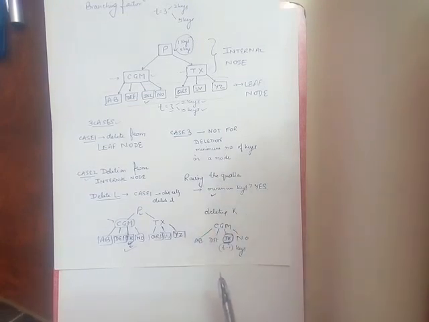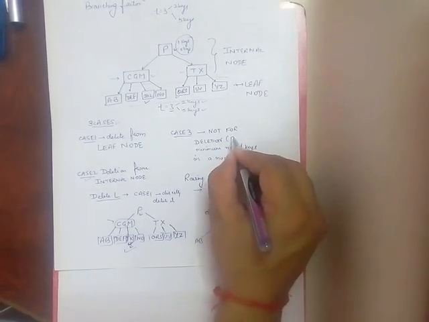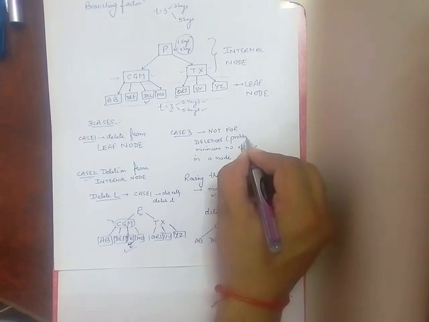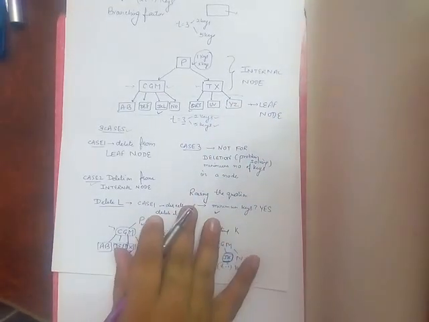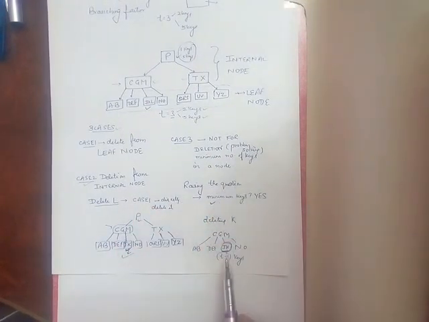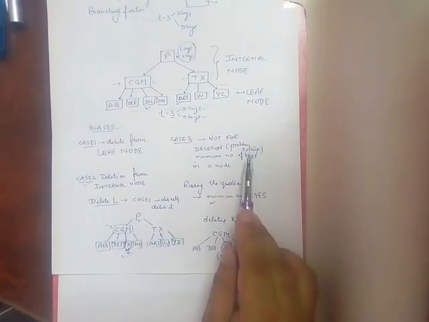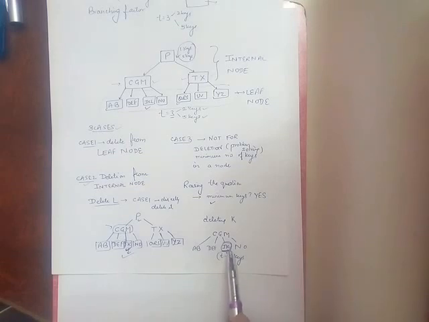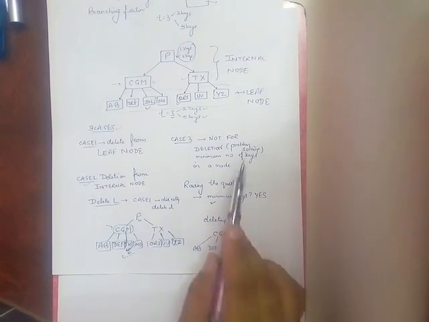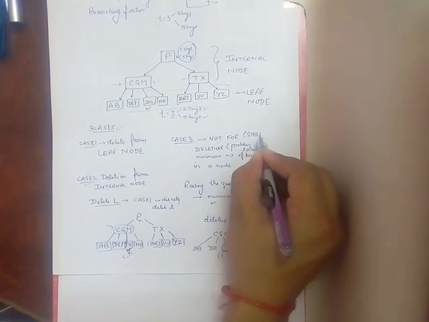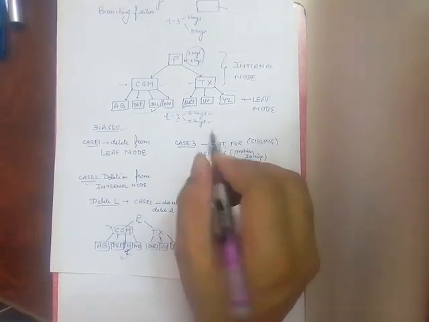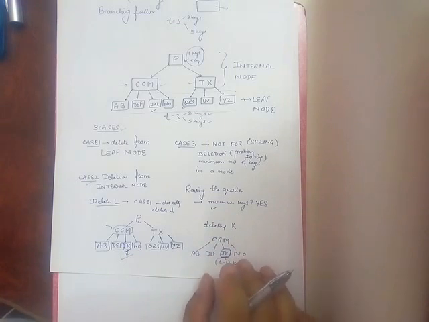I am saying that it is just for solving the problem of minimum number of keys. I call it the problem solving case. The problem is of minimum number of keys, and solving means we are solving it by moving one key here. And for this problem solving, we have to take the help of the sibling of this particular node.